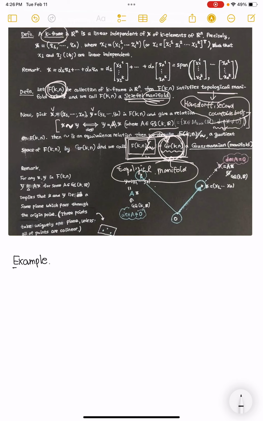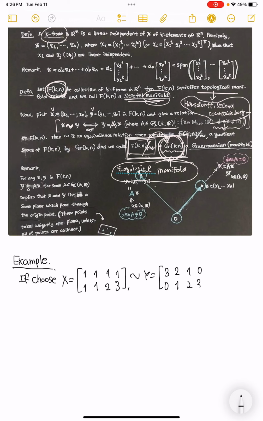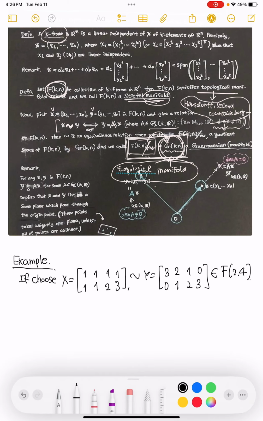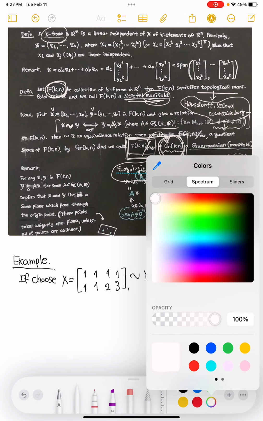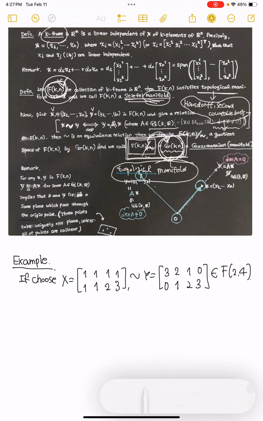If we choose a 2 by 4 matrix, in that case we have the Stiefel manifold F(2,4), that is here.